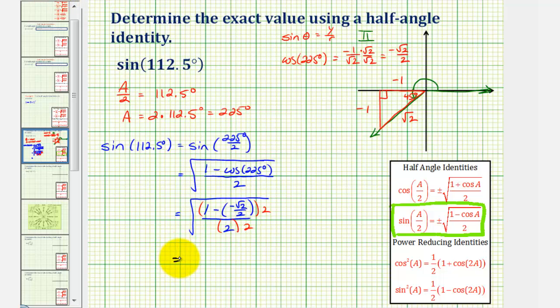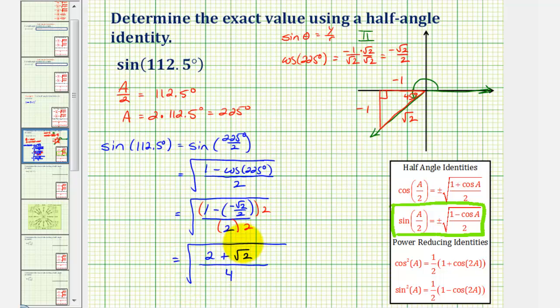Notice when we do this, we would have the square root of, in the numerator when we distribute, we would have 2. Notice how here we have minus and negative, which becomes plus. And then square root 2 over 2 times 2, the 2's will simplify to 1, leaving us with plus square root 2. And notice how the denominator would be 4.